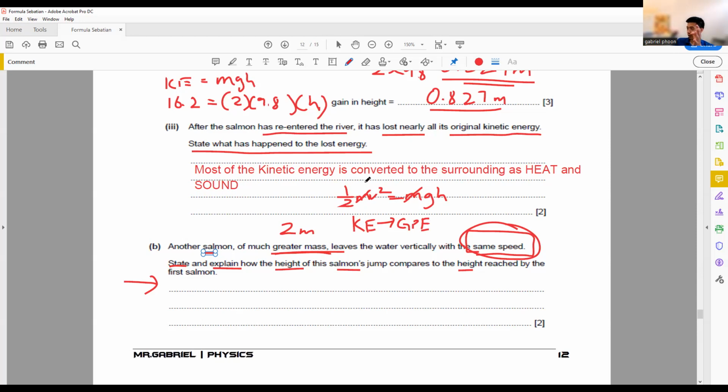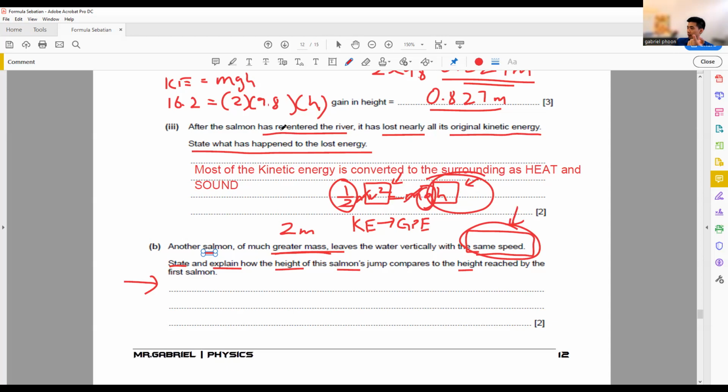In other words, if I look at this formula, the speed of the salmon is going to dictate how high it's going to jump, because everything else doesn't matter. This is a constant, and this is also a constant. So for sure, it's not going to affect the height. The only thing that affects the height is the velocity, which dictates how high it's going to jump. Since it has the same speed, it must reach the same height as the first salmon.